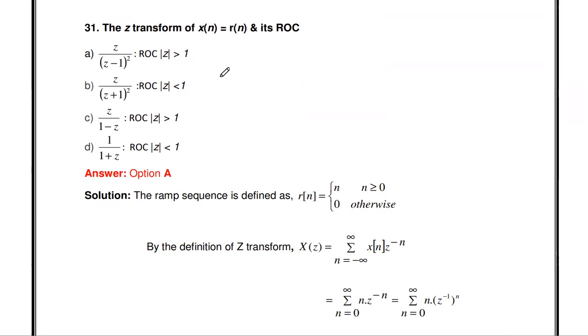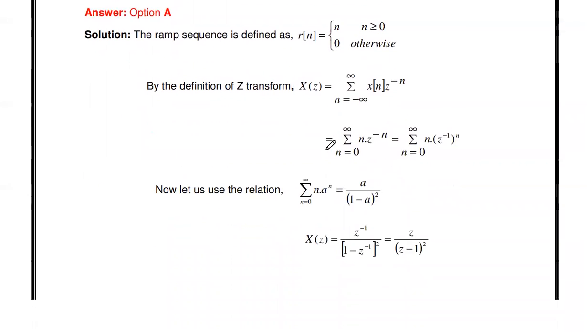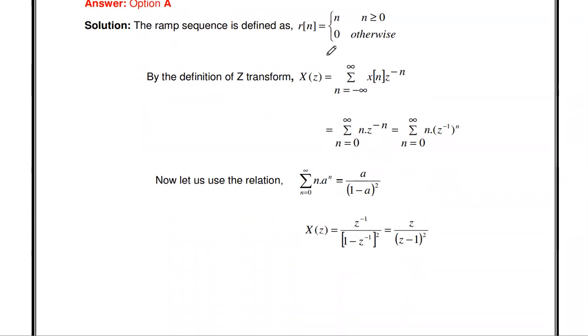Then the next one: what is the Z transform of x of n equal to r of n, and its ROC? What is r of n? The ramp signal, which means n into u of n. We substitute the r of n value in our Z transform formula and find the result.